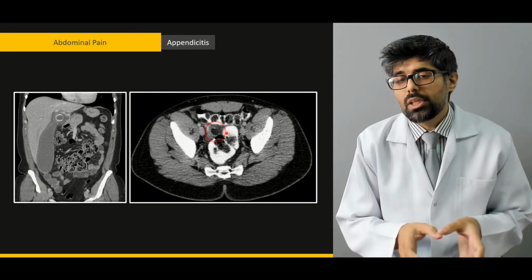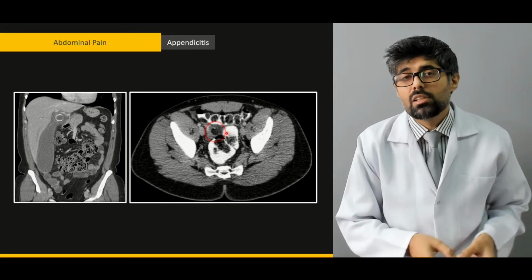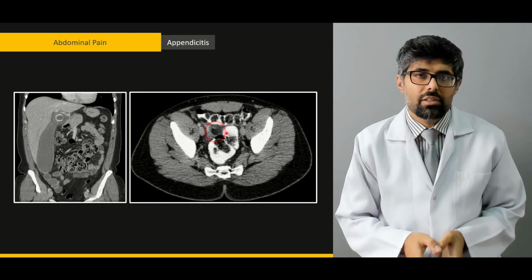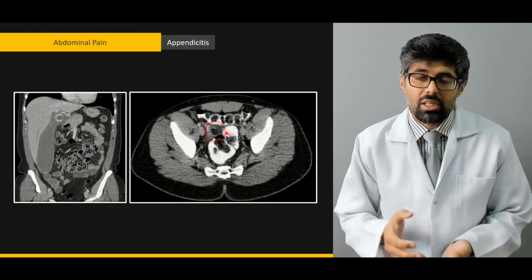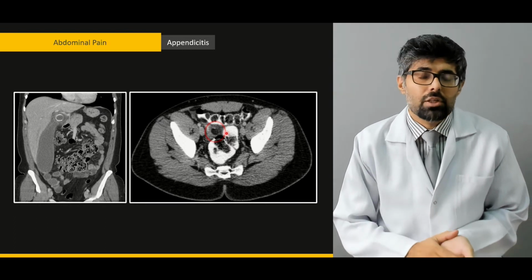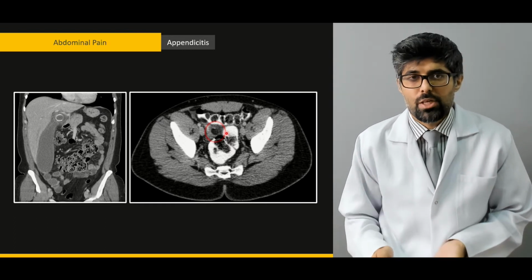All of these points show us that the patient is suffering from acute appendicitis, and usually an appendectomy is performed. The appendix is simply cut out and removed from the patient.